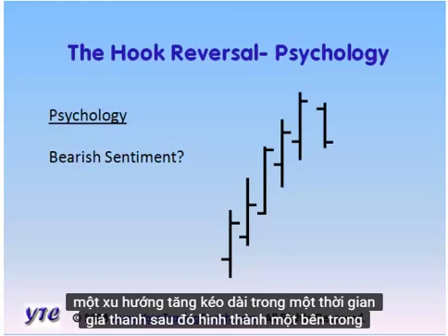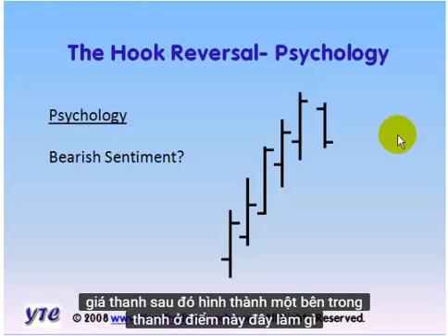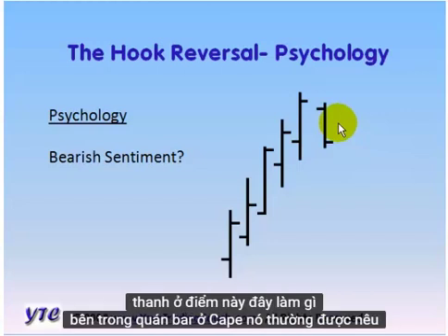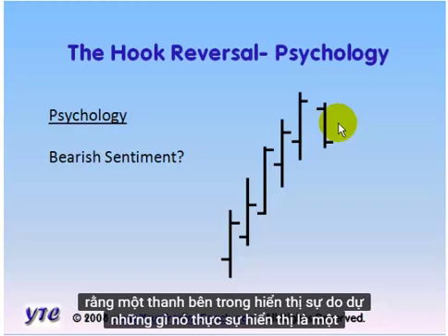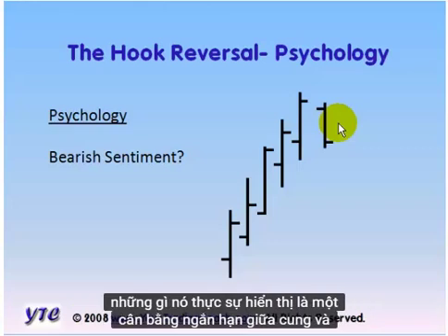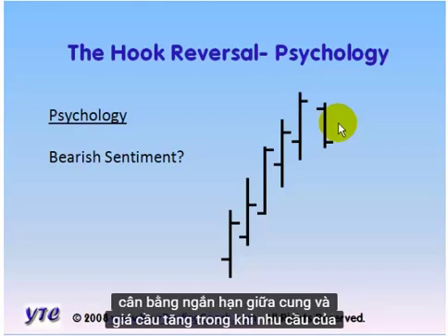Price then forms an inside bar at this point here. What does an inside bar indicate? It's often stated that an inside bar displays indecision. What it actually displays is a short-term balance between supply and demand.